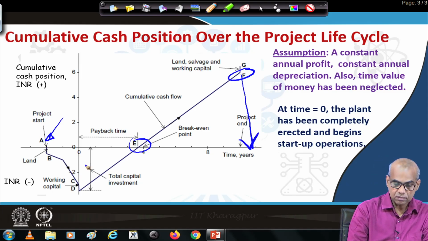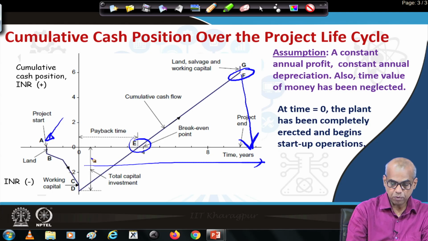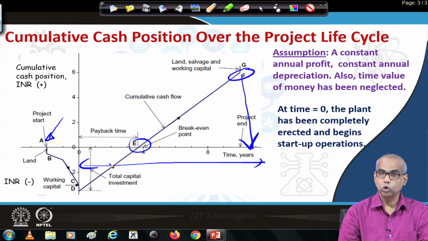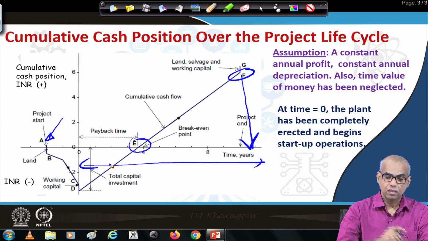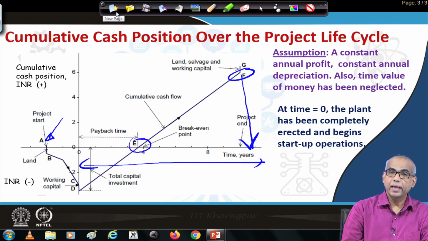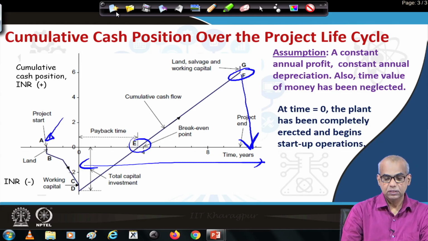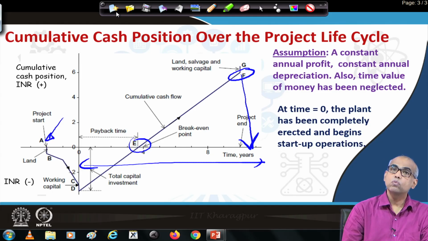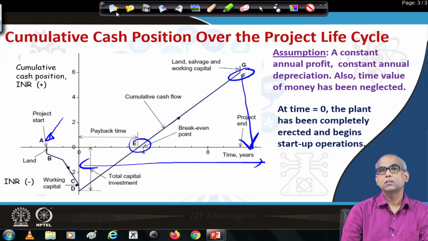So, this is the life of the project, and against the life of the project, what we are plotting on the vertical axis is the cumulative cash position of the plant.